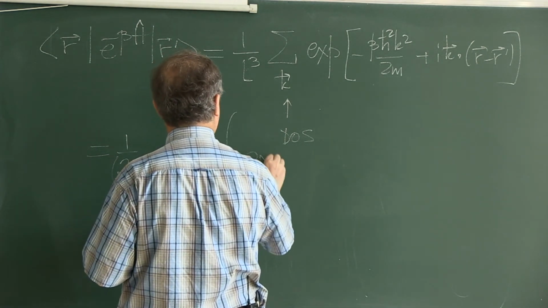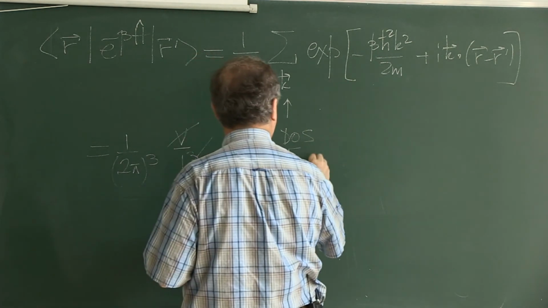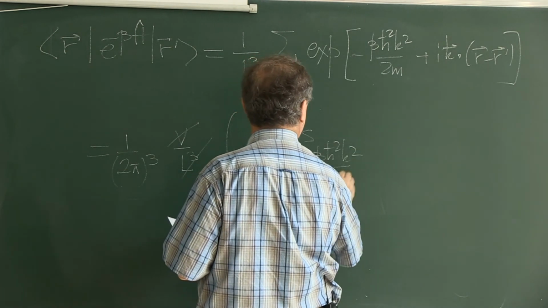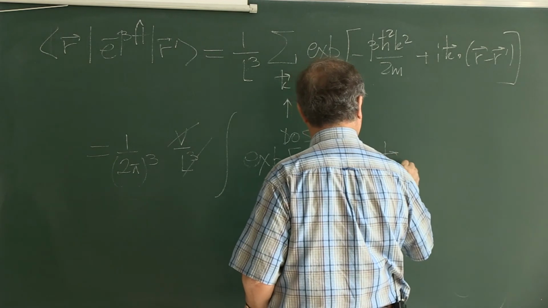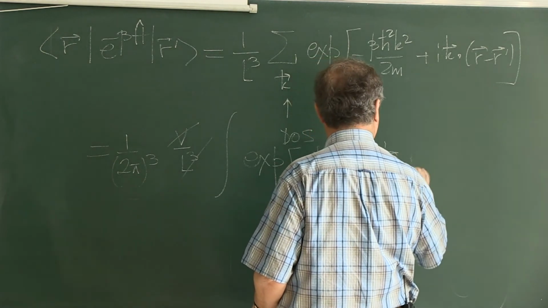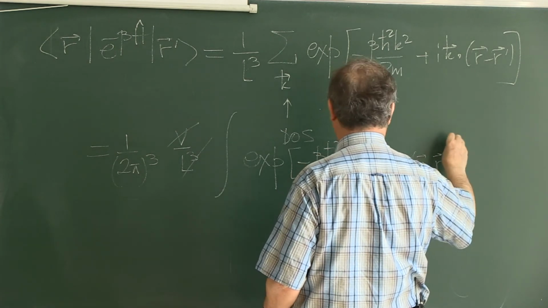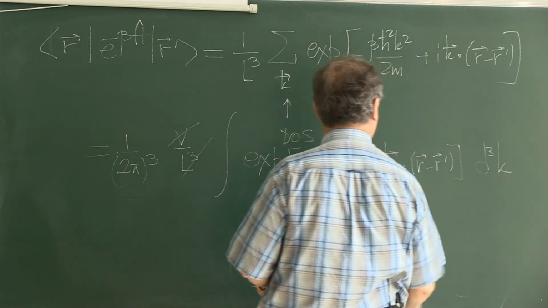Integral exponential minus beta h bar squared k squared over 2m plus i k dot r minus r prime, d cube k.